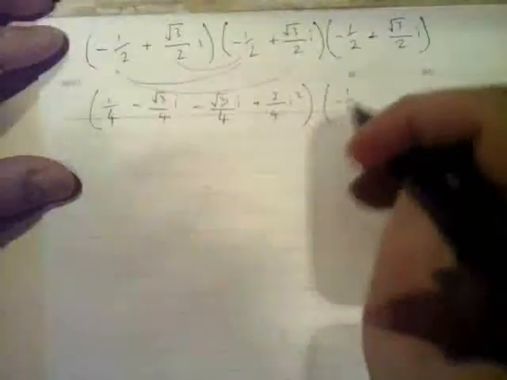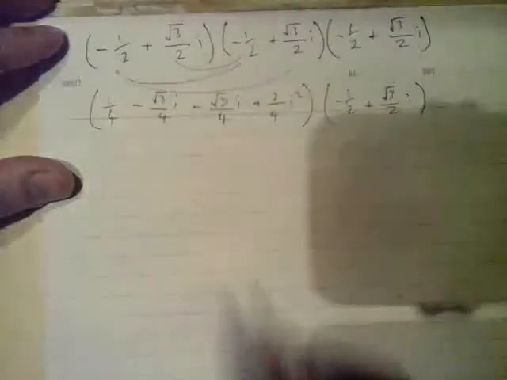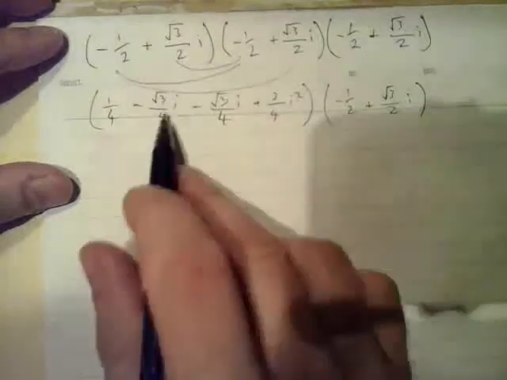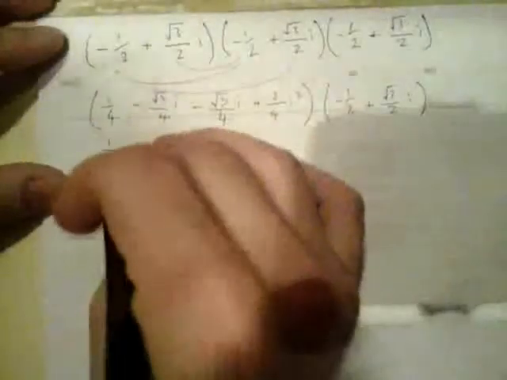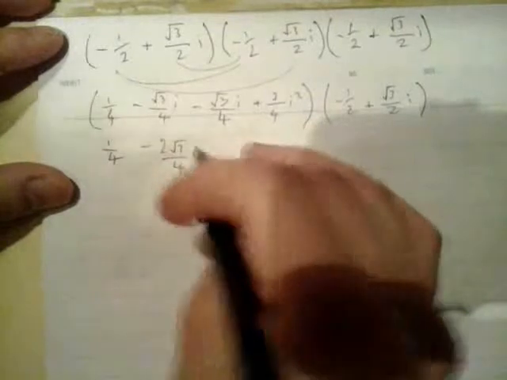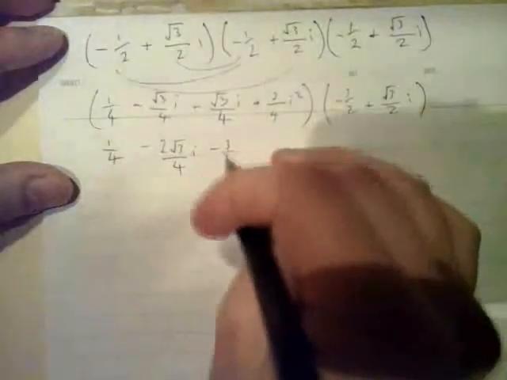And I still have to multiply by this third bracket. But first I'm going to have to simplify this a bit. Now i squared is -1, and we can add these two terms together. So I'm going to end up with 1/4 minus, well, there's 2 lots of this stuff, so that's 2 root 3 over 4i. And if i squared is -1, that's going to become -3/4.